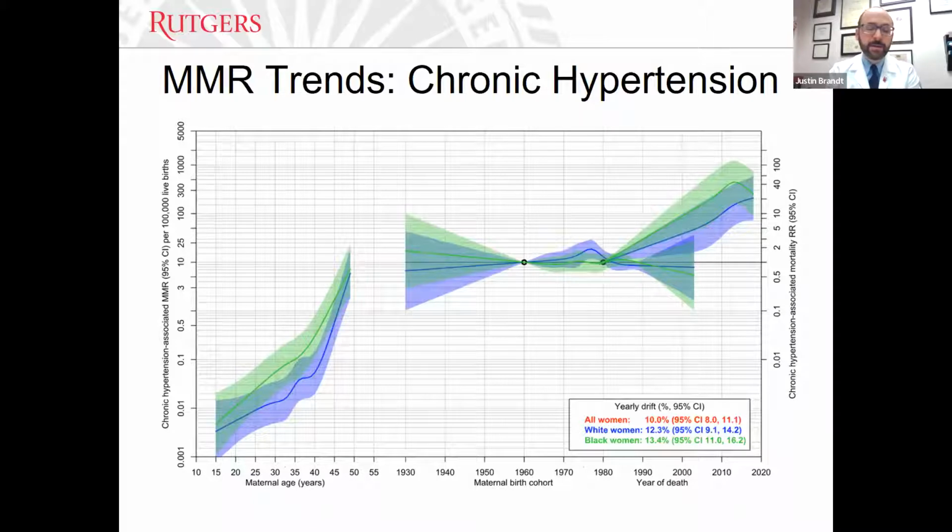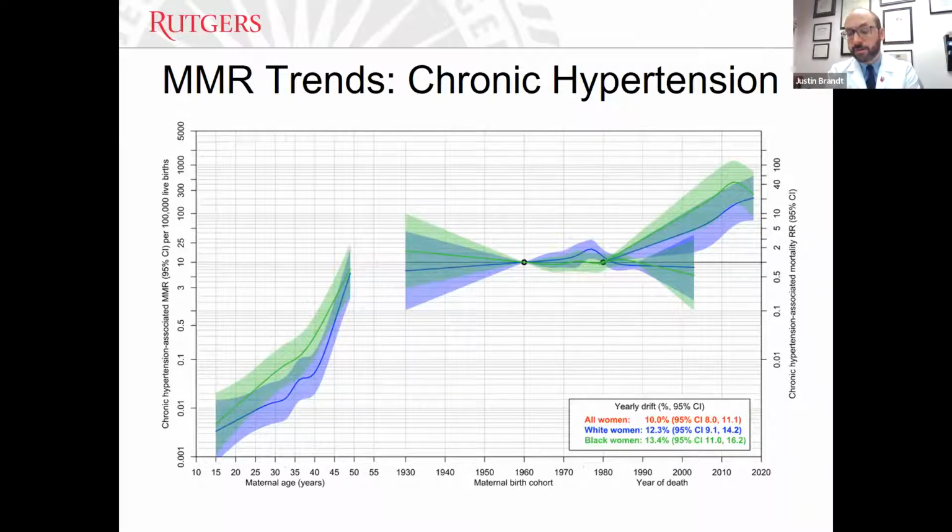And breaking this down by race, we see, again, similar trends with disparities between Black and white women. In the age effects on the left, you see strong age effects for Black and white women for chronic hypertension-associated MMRs, although the risk is greater at the same age for Black women compared to white women.